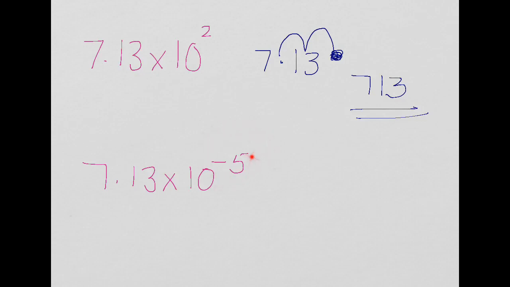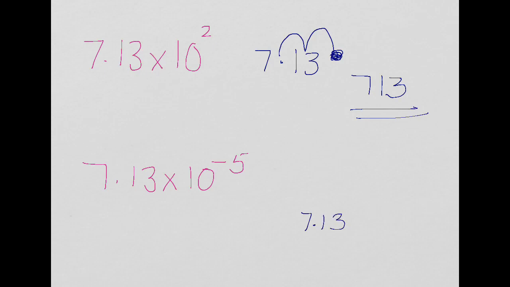So here it's -5, so think about the significance of the negative. Press pause and have a go. Okay, well done. Hopefully you've had a go now. You write your 7.13. I'm just going to move that down a little bit to give myself enough space.